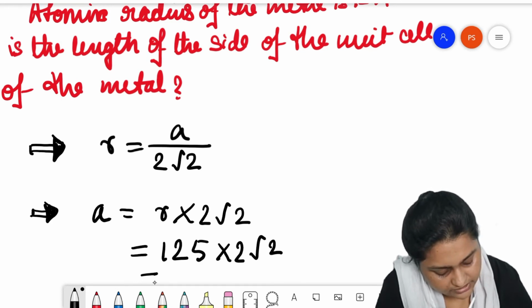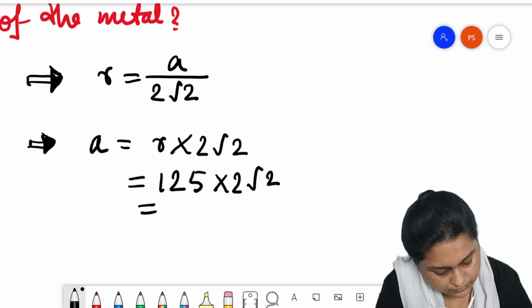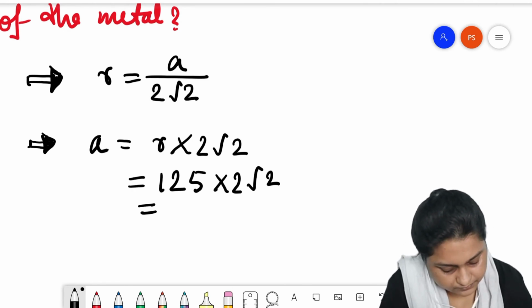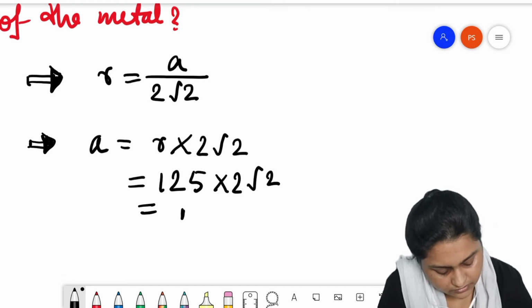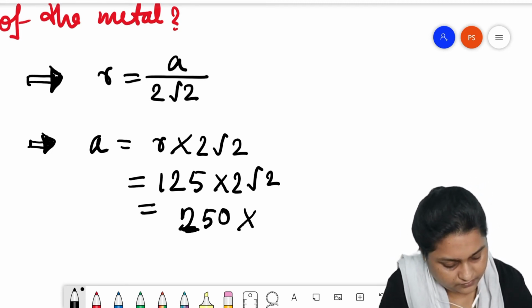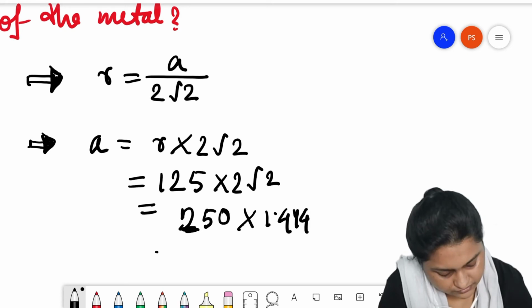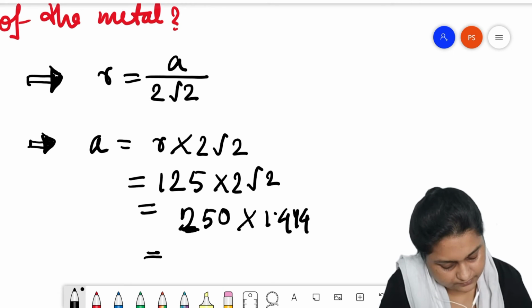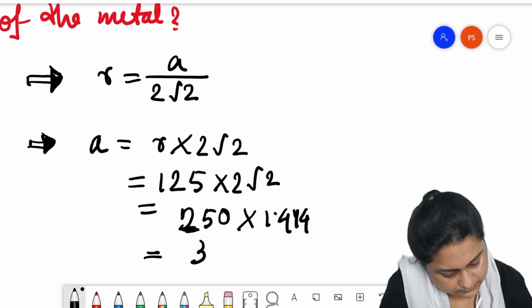The value of 2 root 2 is 1.414 times 2, so this will give the value to be 353.5 picometer.